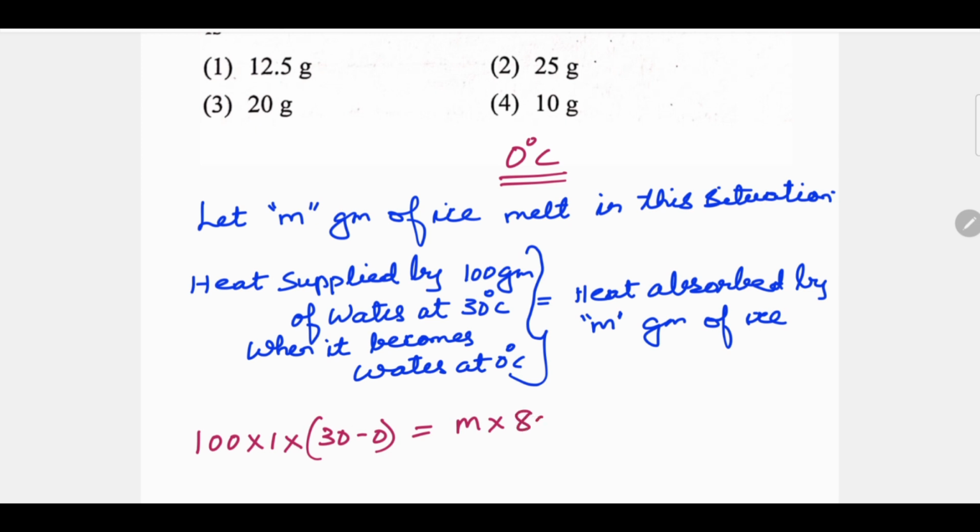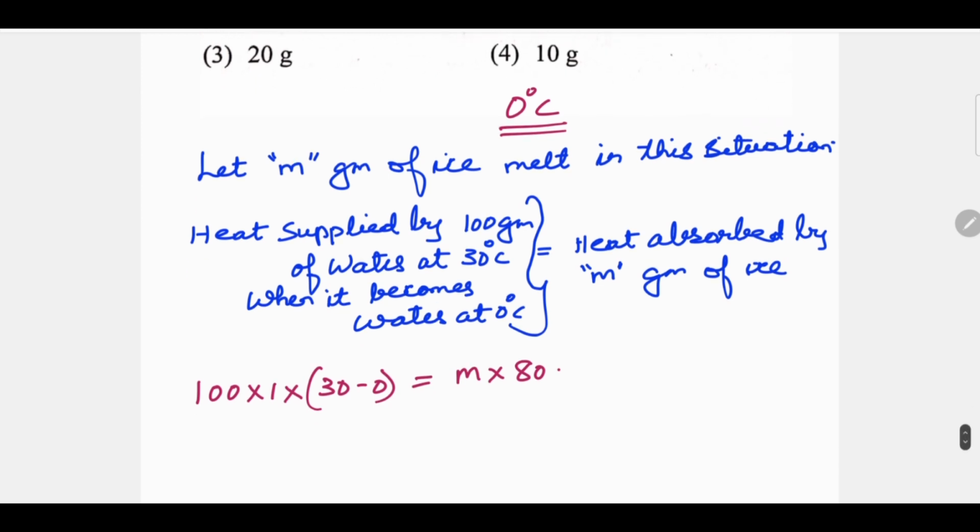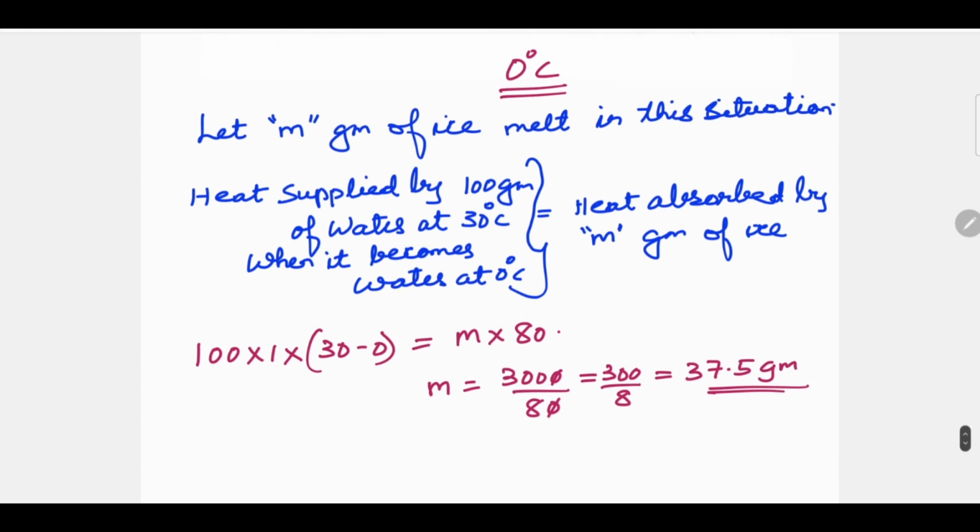Latent heat is 80. So what we get is that m is equal to 3000 divided by 80, which is equal to 300 by 8, which is equal to 37.5 gram. So this much amount of ice is melted.